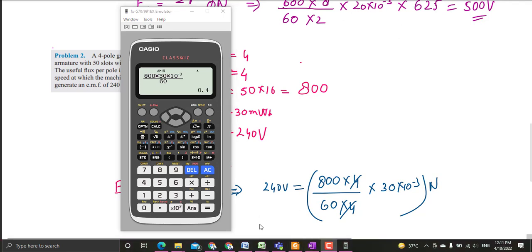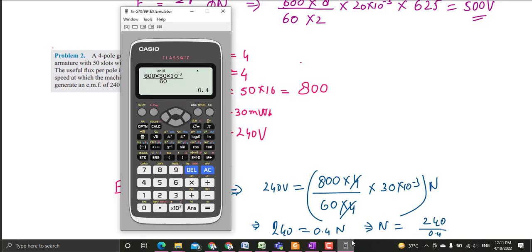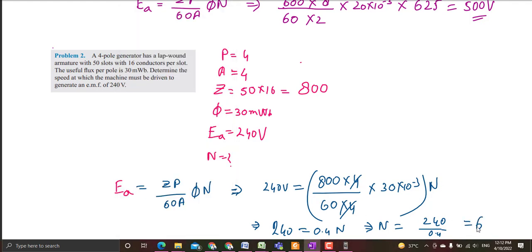So we can write 240 is equal to 0.4 into N, or N is equal to 240 divided by 0.4, which is equal to 600 rpm, revolutions per minute. This is our answer.